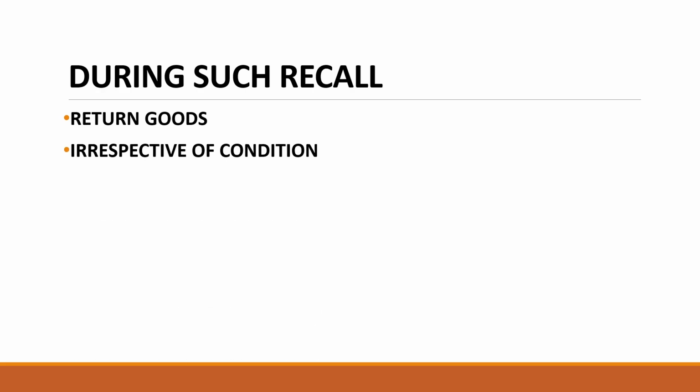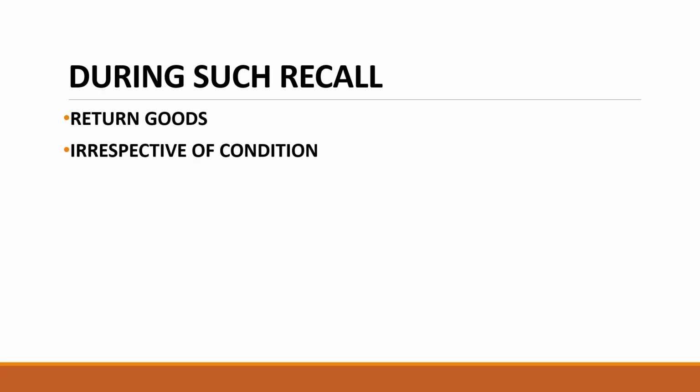Now during such a recall, what happens? Recalling means returning of the goods, recalling the goods from the customers, irrespective of the condition, maybe some of the consumers have used those materials. After that, the client has found that there are certain problems, safety issues.